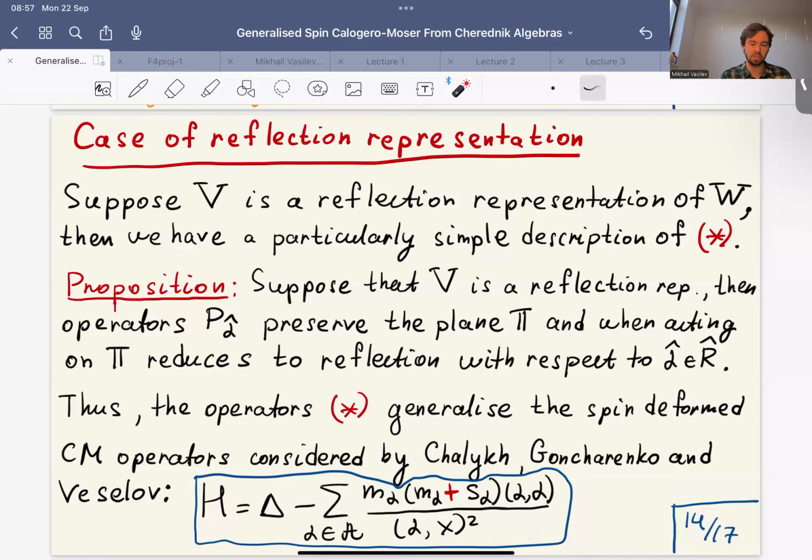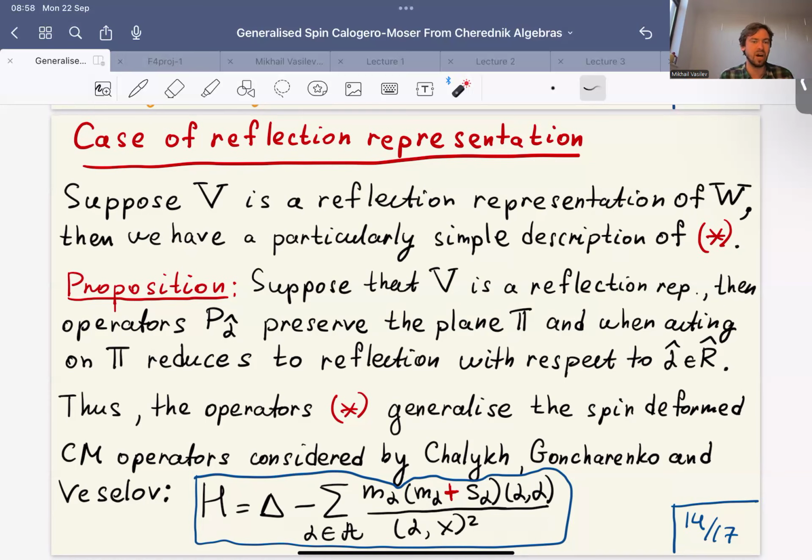So in the case of the reflection representation, P alpha hat is really a representation of the Weyl group. It is a reflection with respect to the root alpha hat. But for more general representations, this is just an operator defined by some formula. We do not know if it has any very good meaning.